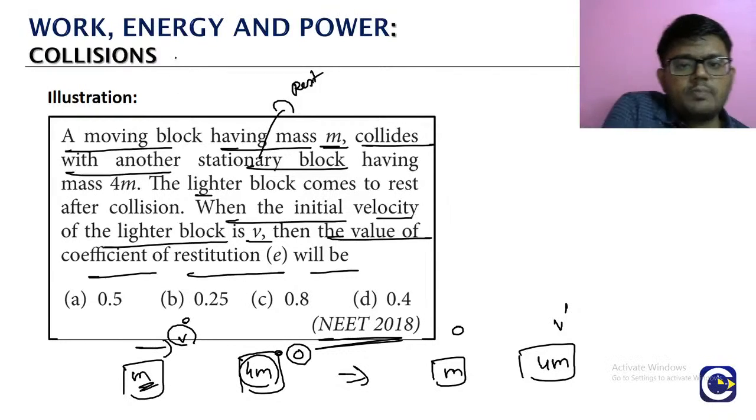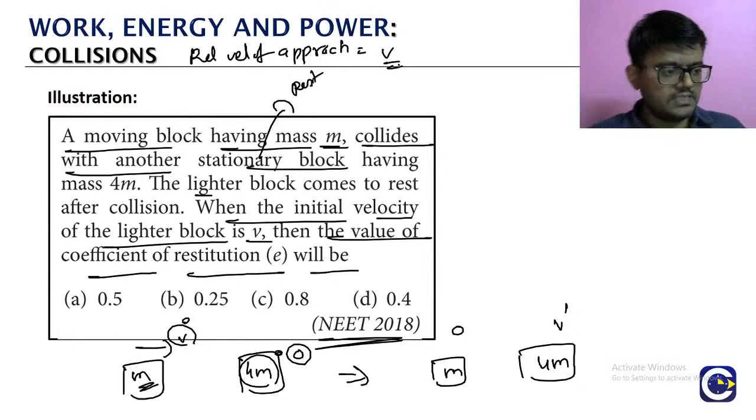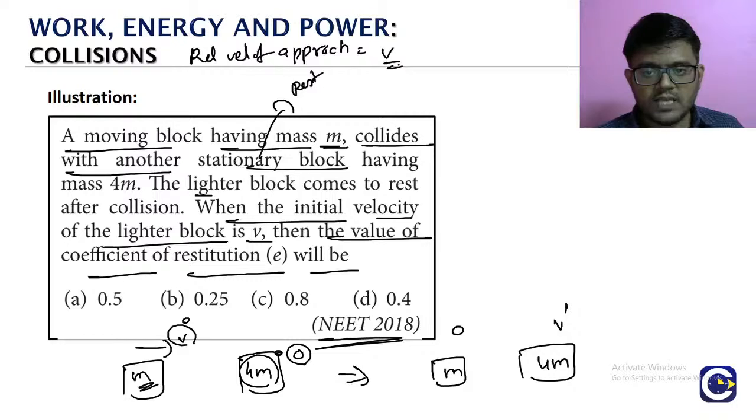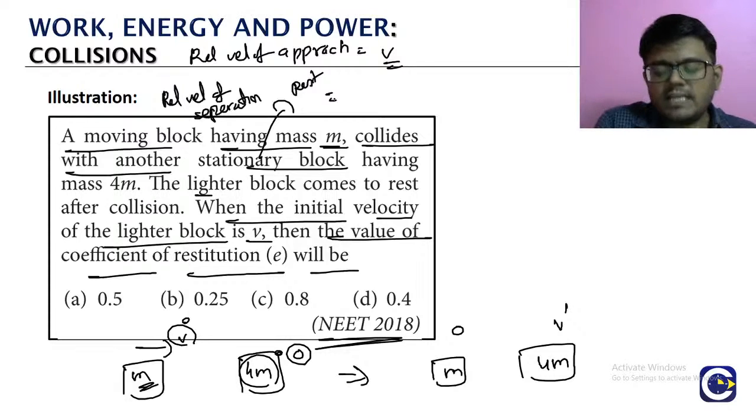V. So see, the relative velocity of approach: 4m is at rest, and m is coming towards it. What is the relative velocity of approach? V. And the relative velocity of separation: after the collision, m is coming to rest, and 4m is starting to move with how much velocity?